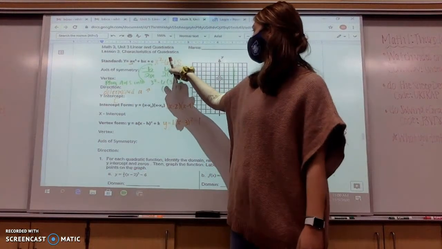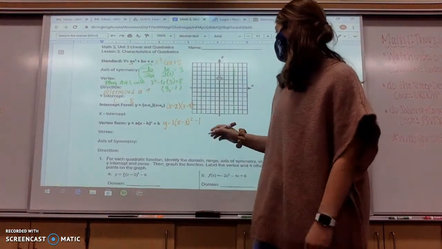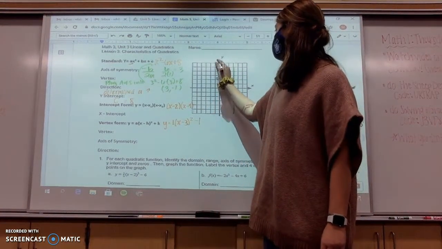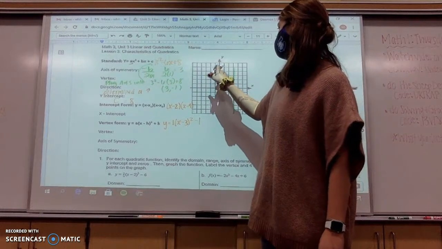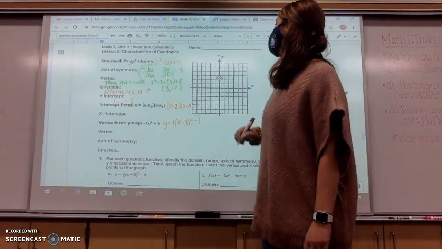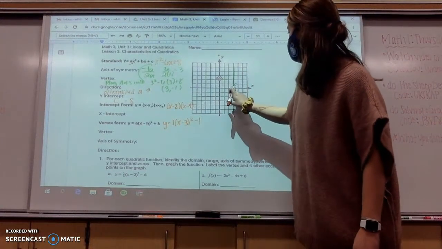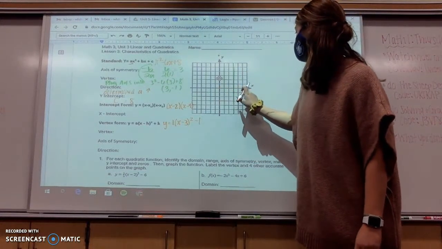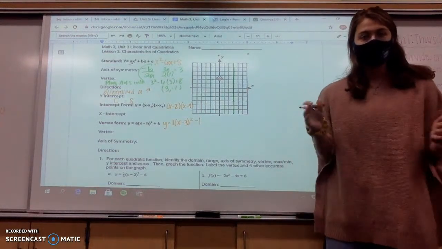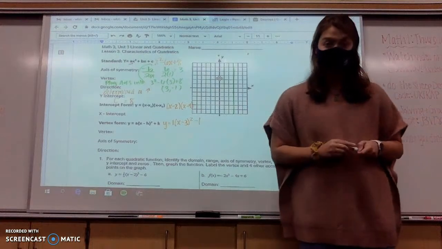So looking at our y-intercept up here, our c is equal to 8. So I'm going to come over here, 1, 2, 3, 4, 5, 6, 7, 8. So our y value is going to be up here. What happens to my one side happens to my other. So that's over 2, 3, right there. Perfect. Awesome.